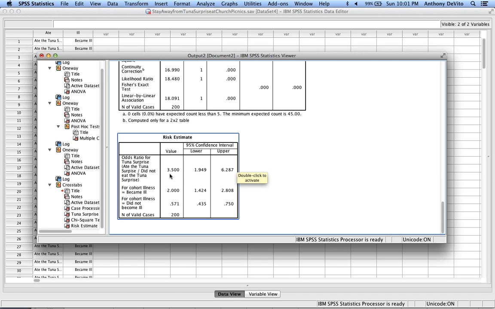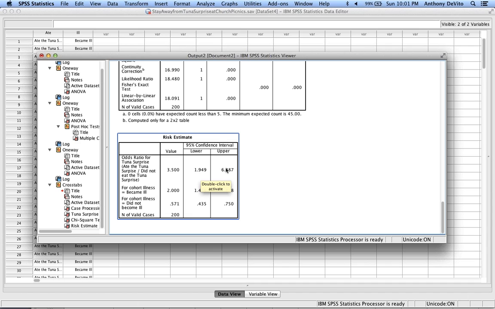So based on our results, it looks like the odds are 3.5 times as great for people that ate the tuna salad to become ill compared to those who weren't exposed. We're not really sure it's 3.5, but we are 95% certain that the true increase in odds for eating the tuna surprise is 1.9 to 6.2.